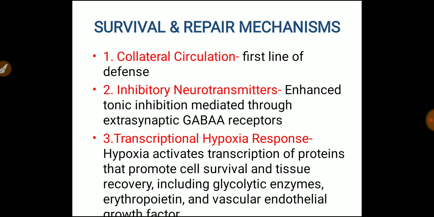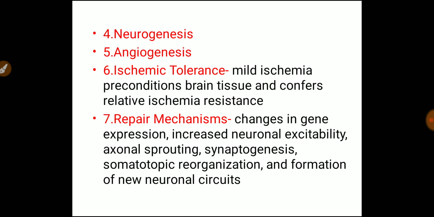So there is activation of transcription of proteins that promote cell survival and tissue recovery, like erythropoietin, which will increase RBC, and vascular endothelial growth factor, which will increase angiogenesis. Neurogenesis is formation of new neurons, and angiogenesis is formation of new blood vessels.